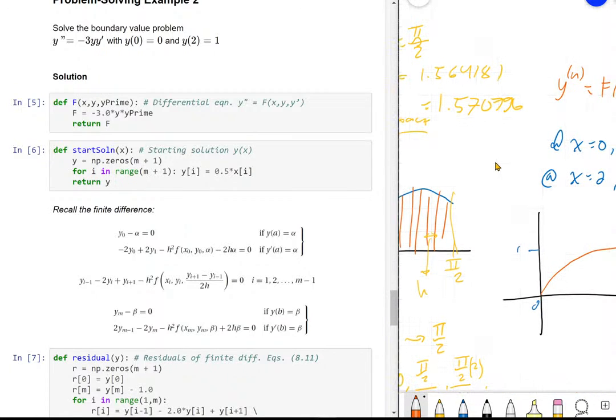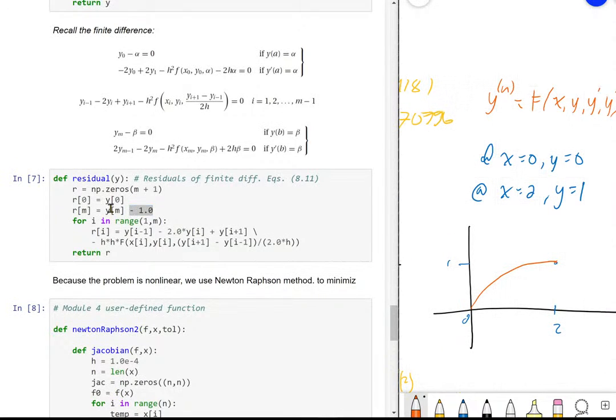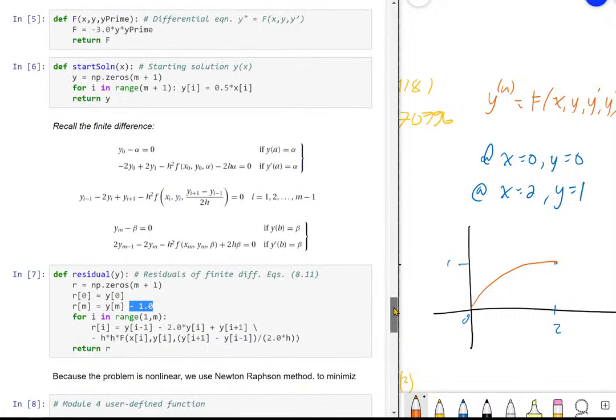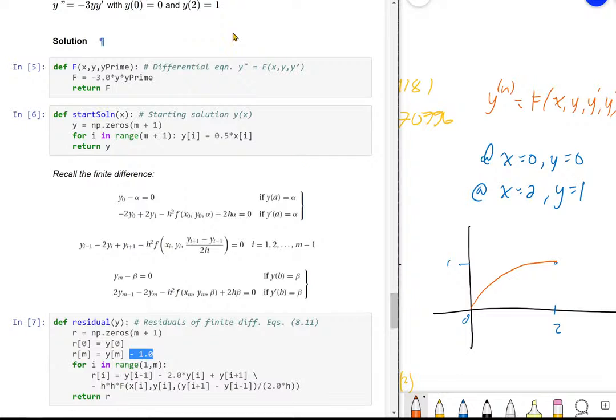So this expression here, this one here, and then this one here. So going to this residual, you have minus 1, because actually this can be from here. This is from these two equations.